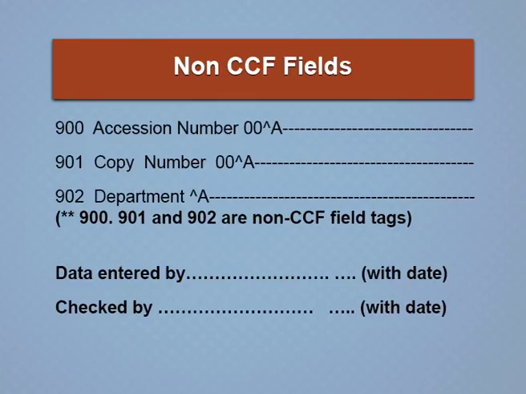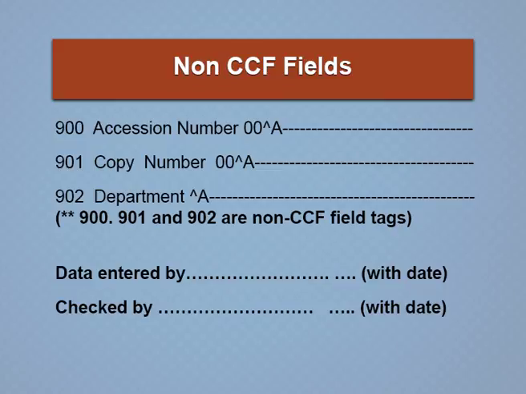So, 5 accession numbers you need to enter, and that cannot go into the CCF main tags. You need to define a set of local tags which are called non-CCF tags. If you have a look at the screen, you can understand this. So, at the end of the data entry framework, I have created 900 field for accession number, that is a repeatable field. So, suppose a book has 5 copies, all 5 accession numbers we can put here.